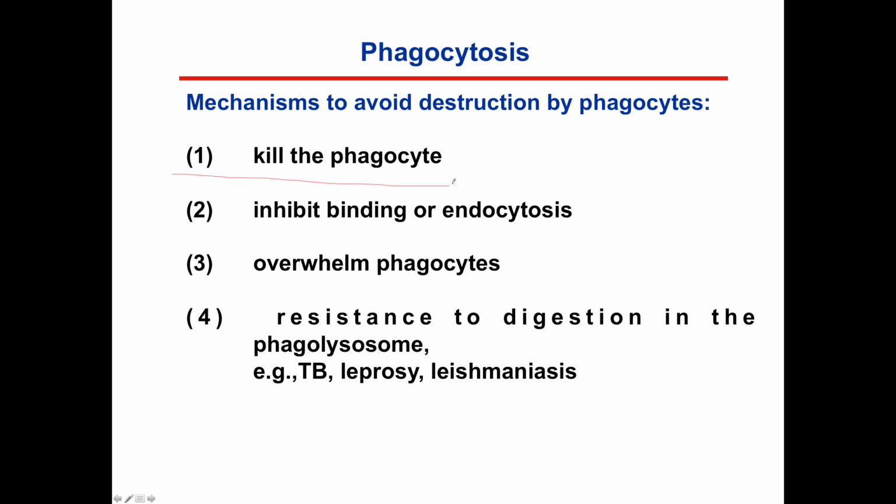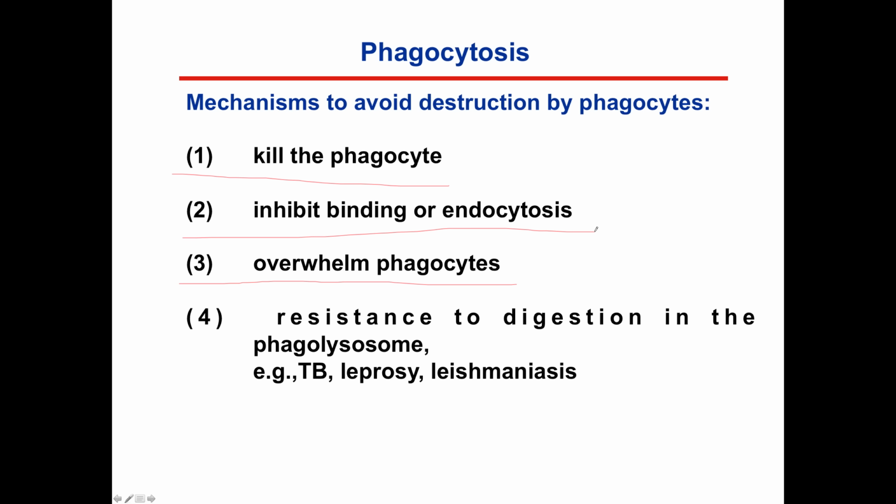In some cases they overwhelm it: if too many bacteria are taken up, or the bacteria reproduce rapidly within the endosomes or in the cell, they can kill the phagocyte. They can also inhibit binding or endocytosis. For example, some bacteria produce enzymes that hydrolyze the receptors that recognize them, so that they won't be able to bind to the macrophages.